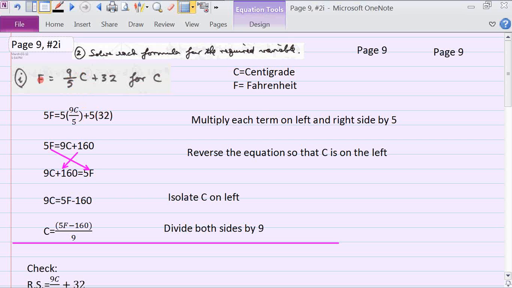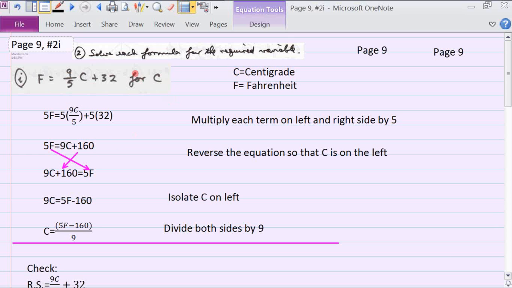So I'm multiplying this by 5, this by 5, and this by 5. And you'll see that I get 5f, this 5 and that 5 cancel, I get 9c, and 5 times 32 is 160. So I've cleared the 5 from both the left and the right side.